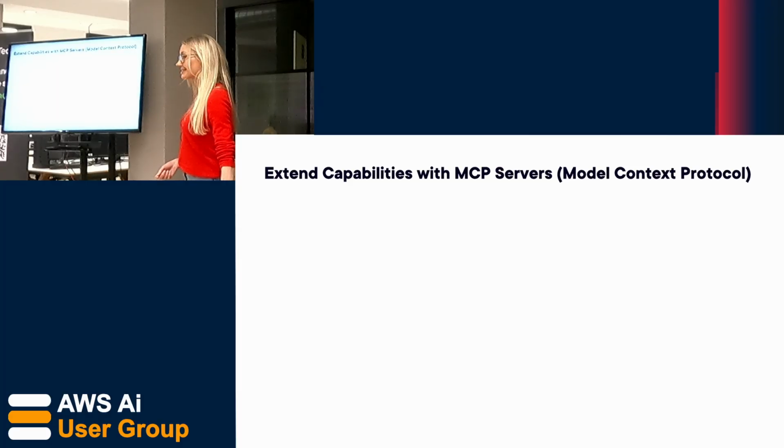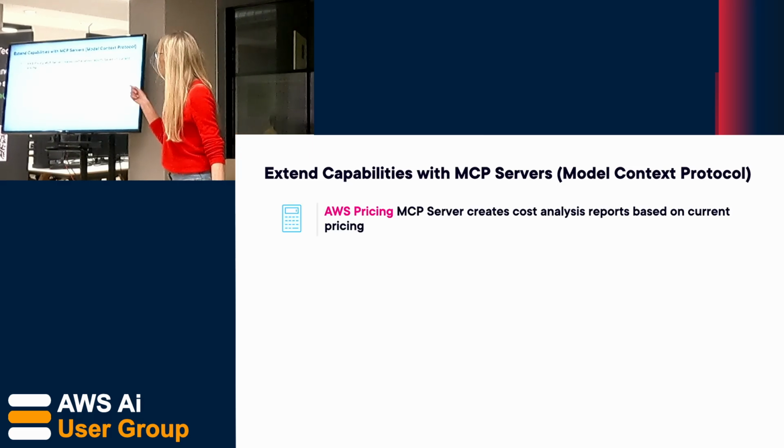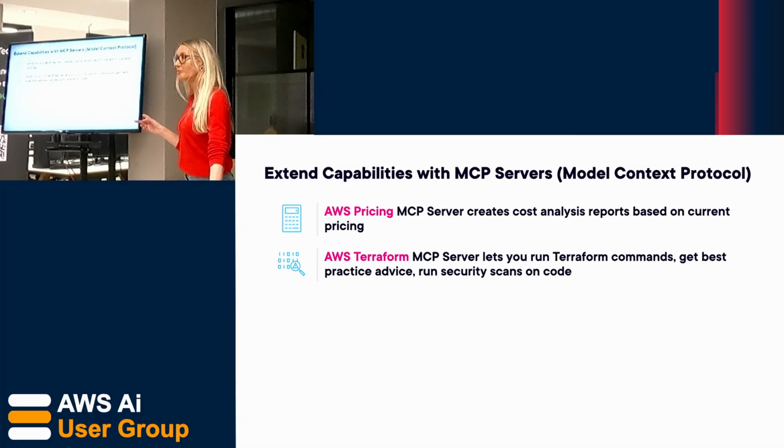You can also extend its capabilities by adding MCP servers. So this allows you to just hook in different tools that are going to augment its capabilities. There's one called AWS Pricing, enabling you to do cost analysis just from your terminal. There's a Terraform MCP server.